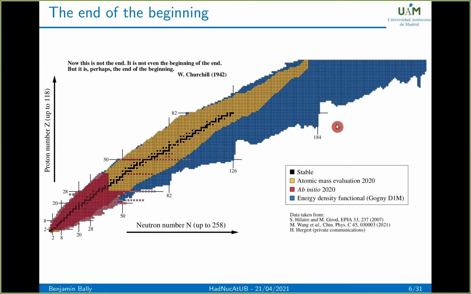And in blue, you have all the nuclei that have been predicted using an energy density functional calculation, in particular, in this case, the Gogny D1M functional. So it is interesting to zoom out, because we realize that although great progress has been made, we still have a long road ahead of us, right? And in particular, if you realize that here you have nuclei with 300 or 400 nucleons.